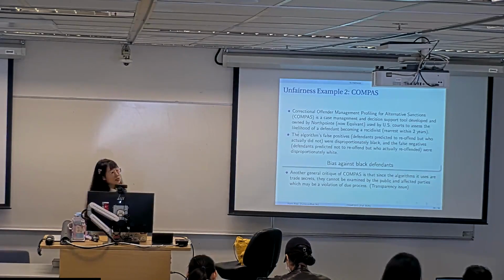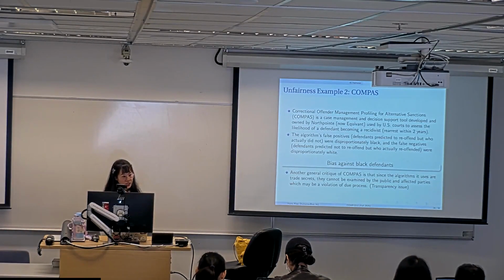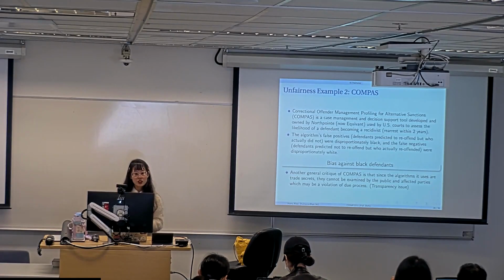After the research studies, they found the algorithm's false positives, meaning defendants predicted to reoffend who actually did not, were disproportionately black. So the model thinks black people tend to recommit crimes, even though these black people actually did not.